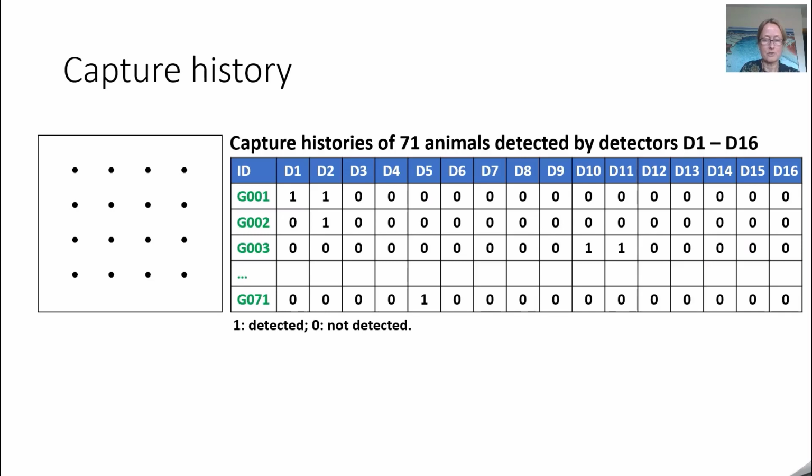The information is actually in the capture history. The fact that detectors 1 and 2 detected G1 and none of the others tells me that this animal must have been close to these detectors and further from the others. That is all the information SCR needs to know in order to fit the model.